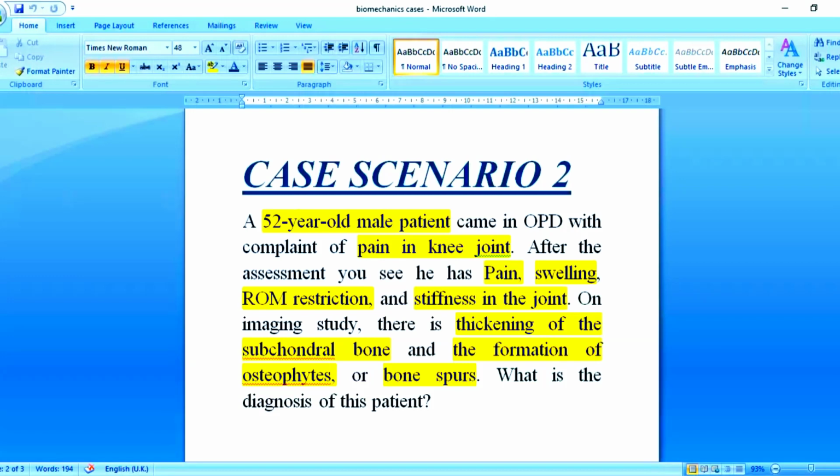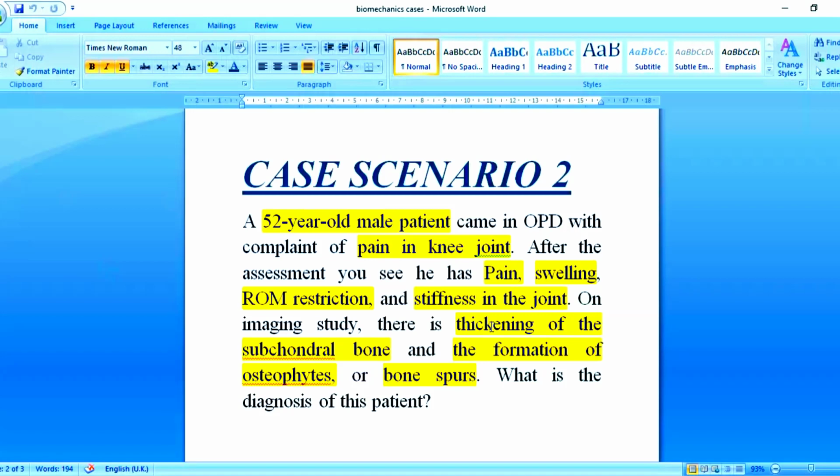In the imaging study, there is thickening of the subchondral bone. When you see the imaging study, the subchondral region of the bone is thickened. Thickened doesn't mean it can spread itself; it basically means the shadowing of the bone in the imaging study can get more whitish.